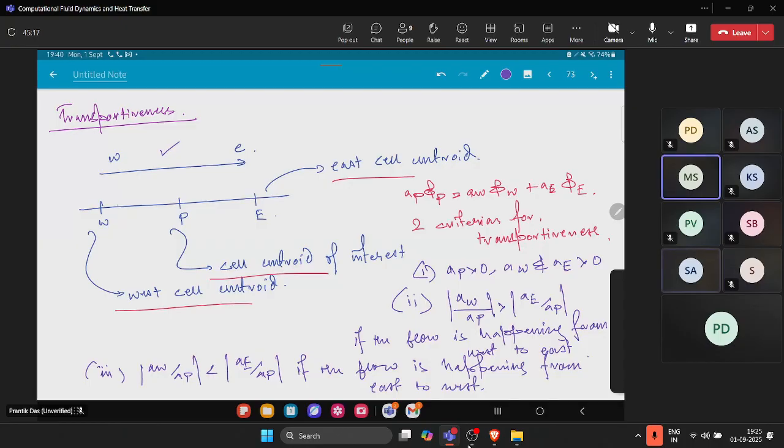Sir, actually, what will this give, sir? This will give you one thing. Sometimes what happens is that, for example, AP phi P equal to AW phi W plus AE phi E. Okay, so first of all, I said that if AP is positive, then AW and AE should be positive.